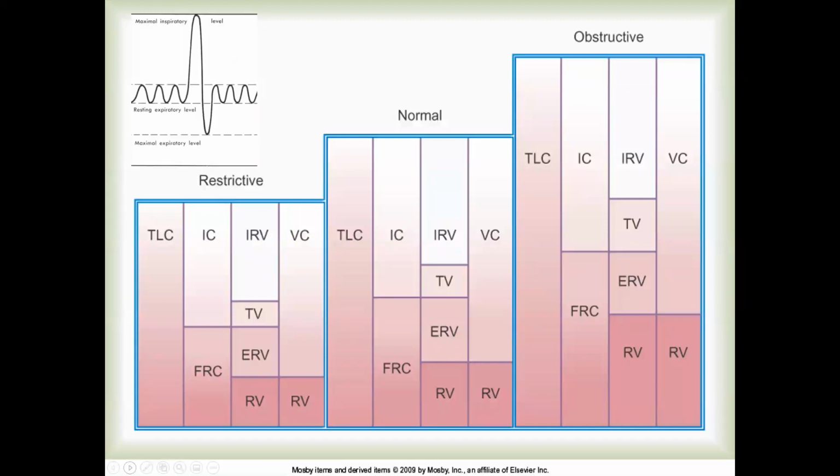And then real fast, just looking at the gross distinctions, in the middle there you have normal. In restrictive, you don't have to be an expert in pulmonary function testing to see that, looking at those volumes and capacities, restrictive is typically marked by reduced volumes and capacities. And again, a capacity would be two or more volumes. The obstructive patient has the opposite problem. They have increased capacities and volumes.